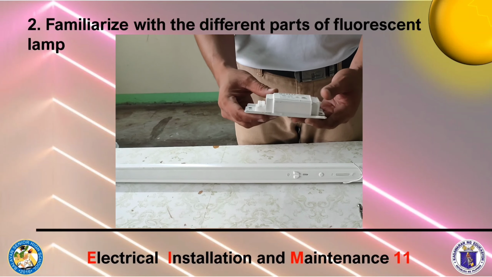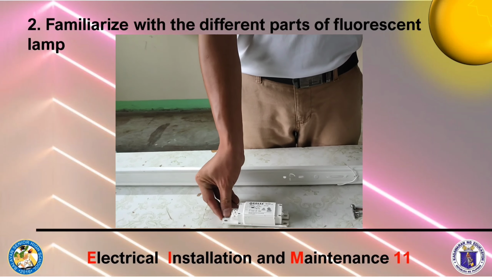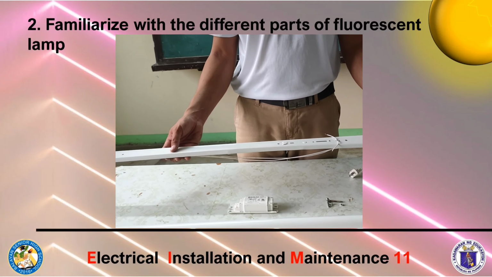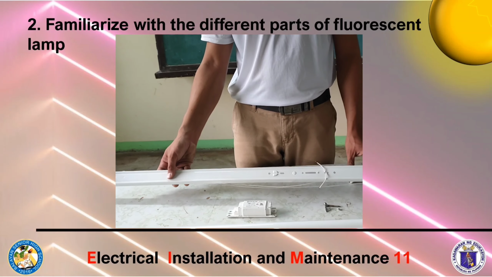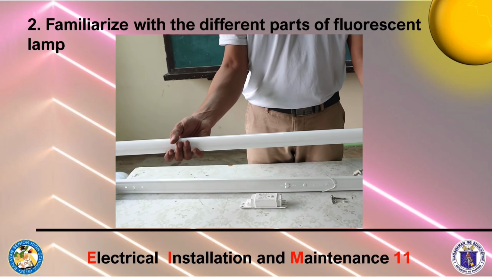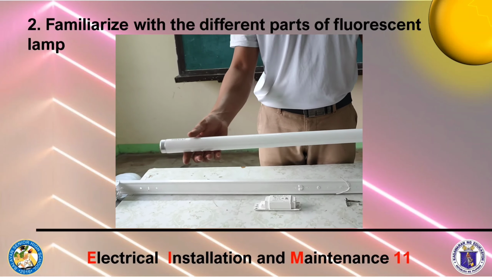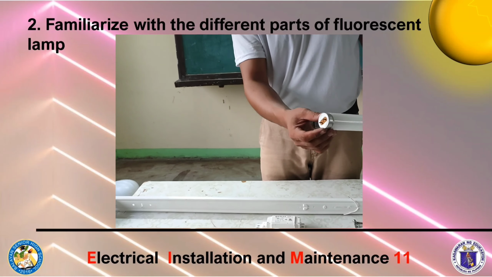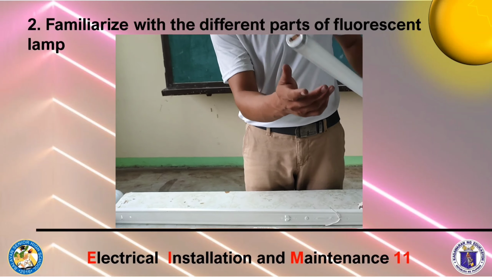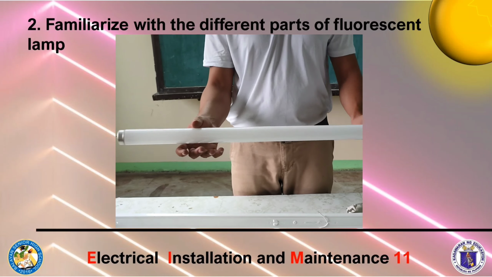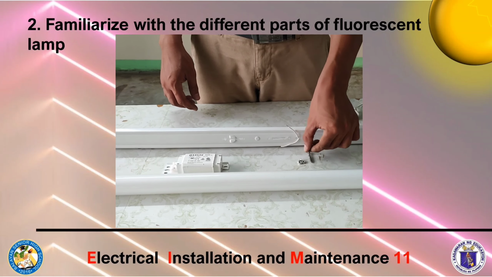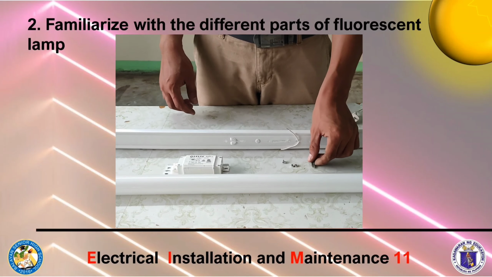First, we have the ballast, the lighting fixtures or the fluorescent lamp holder, the 40 watts fluorescent lamp. In the fluorescent lamp tube, we have the electrodes in both ends. Next, we have the screws.